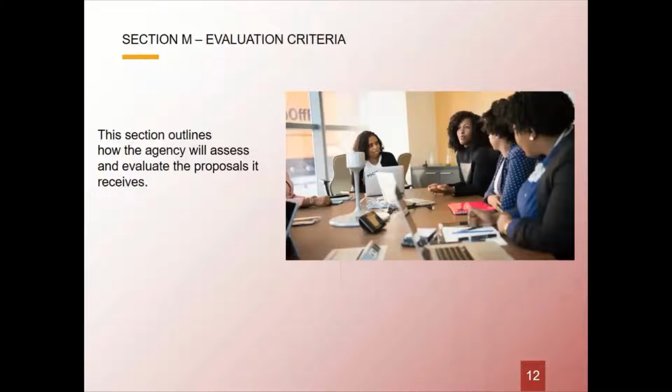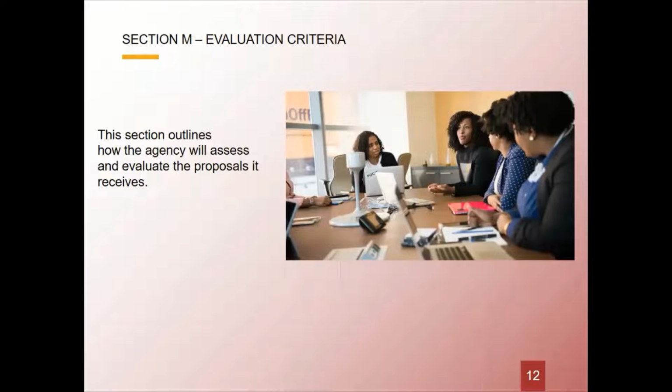Section M, probably one of the most important evaluation criteria of the solicitation. Once you have read the statement of work, once you have understood the solicitation and what the requirements are, you must look at the evaluation criteria.